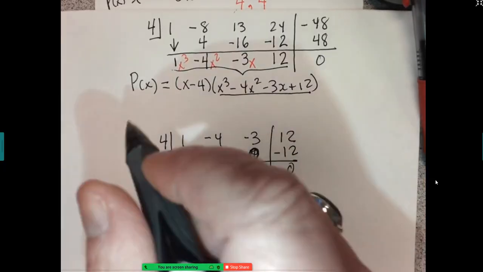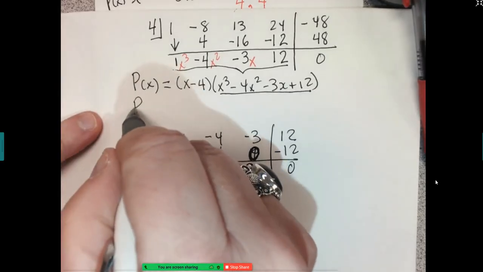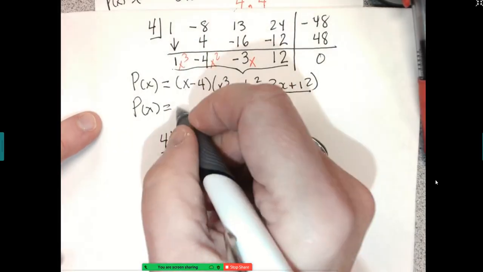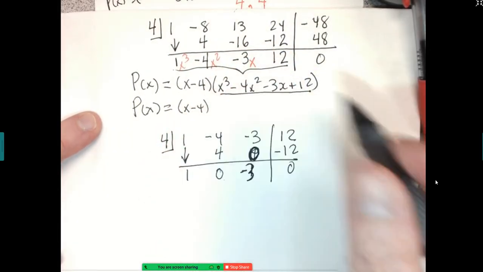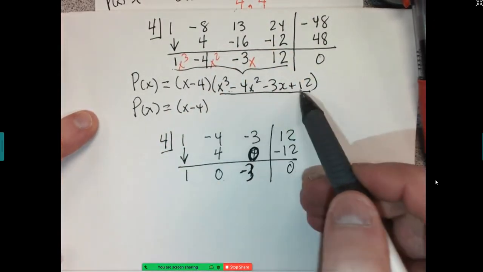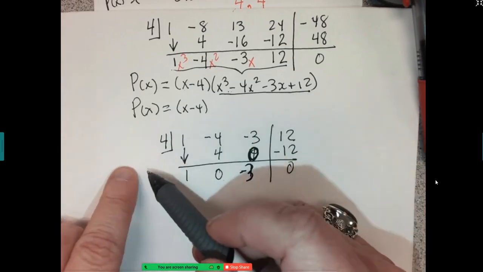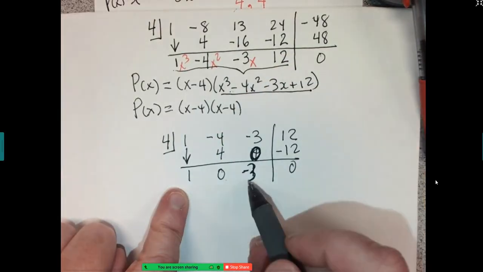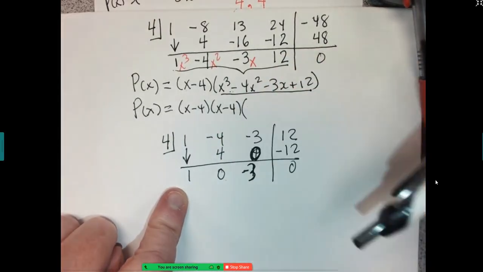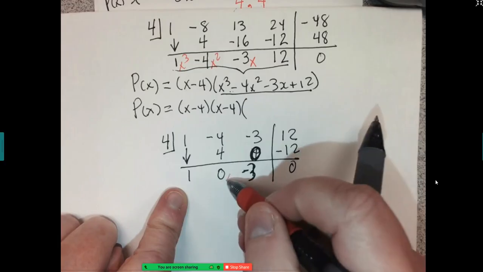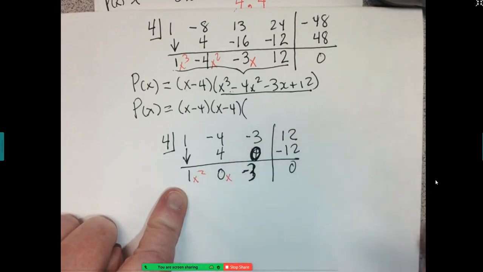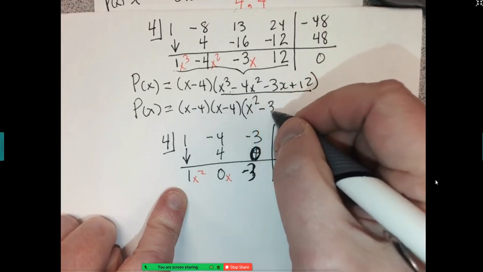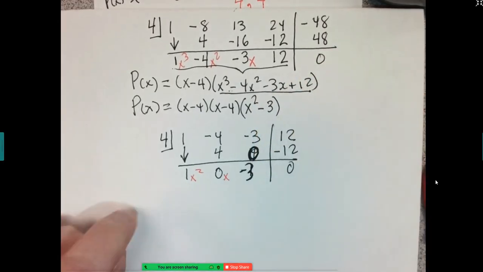Okay, so I can now rewrite P of x as, I'm copying this one. And now this one can be written as the divisor, x minus the number in the box, times the quotient. That's my constant, that's my x term, that's my x squared term. So my quotient here is going to be x squared minus 3, plus the remainder, which is 0.